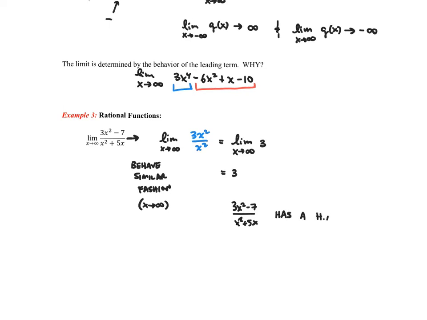I'm going to abbreviate for brevity. It has a horizontal asymptote at y equals 3. So we're going to use this adaptation right now in order to determine the horizontal asymptote. However, in a few examples, I'm going to show you the analytical method on how to do the same.